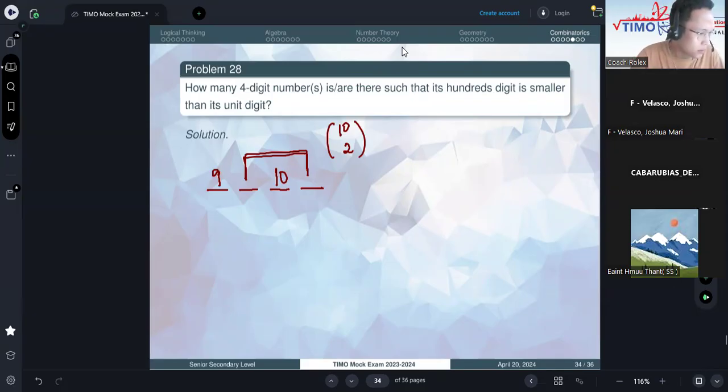9 times 5, that is 10 taken 2. For that, we divide it by 2. Ang 9 times 10 kasi, the 9 times 10 is, we divide it by 2 because the 2 places can be interchanged.